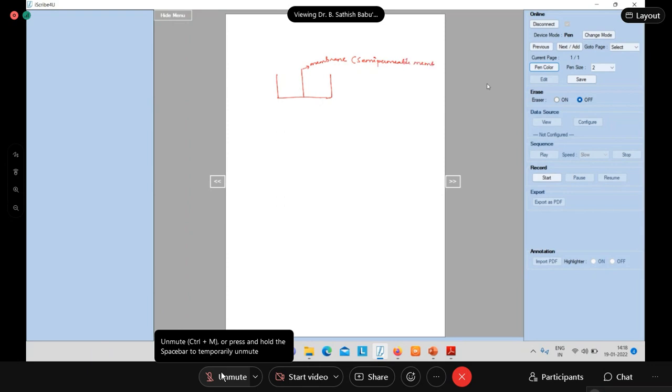This semi-permeable membrane allows only the passage of solvent molecules. And here I am taking a highly concentrated solution, for example seawater. And in this compartment, I am taking distilled water.